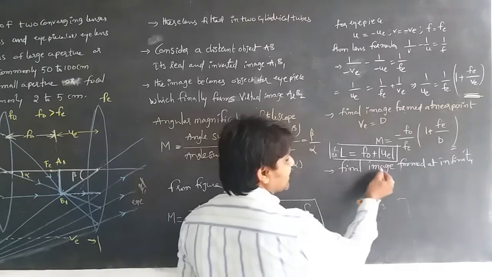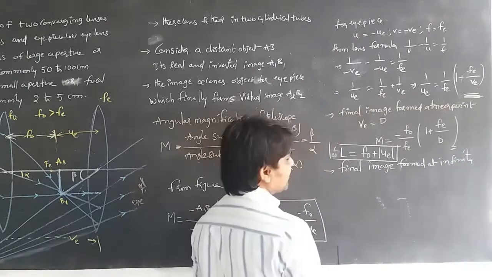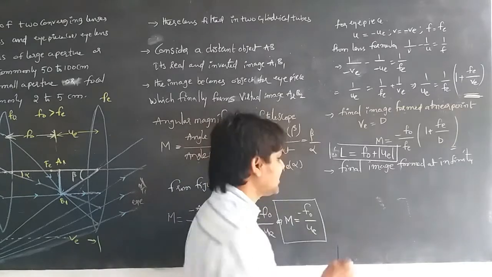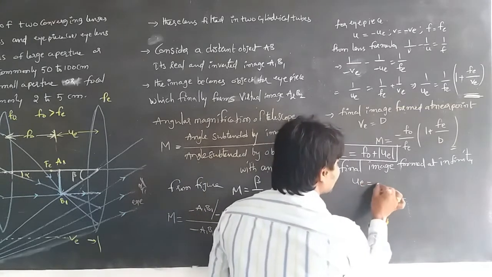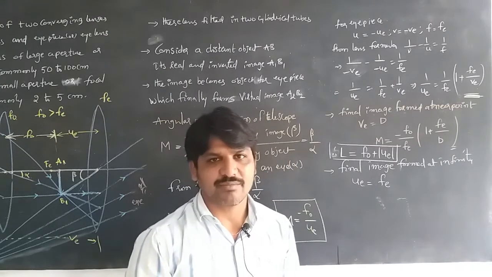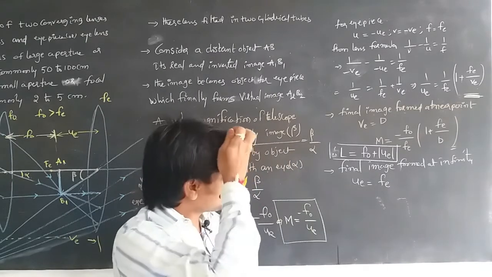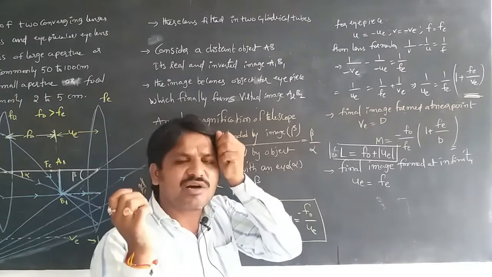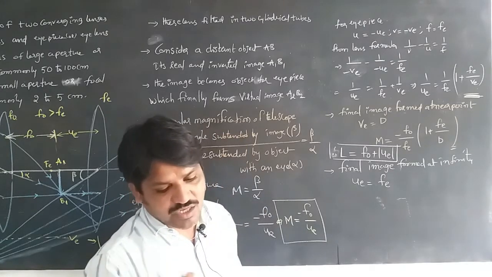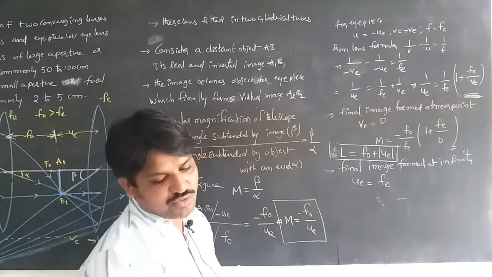If we take the final image formed at infinity, then the distance of the object UE is equal to FE. When the image is formed at infinity, the object must be placed at focus, so the distance of the object will be UE is equal to FE.